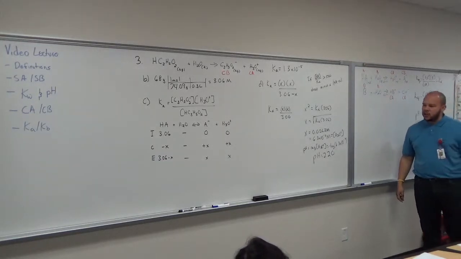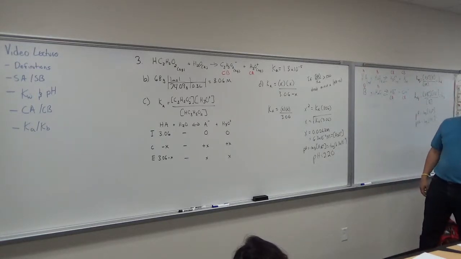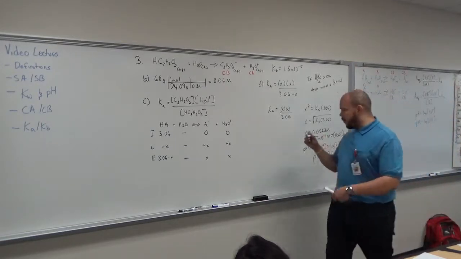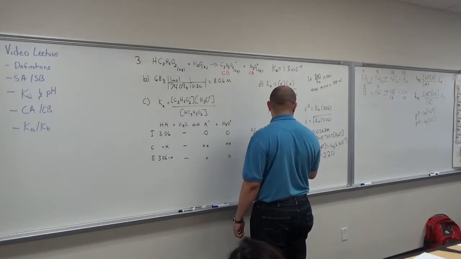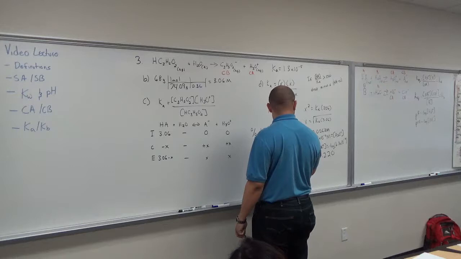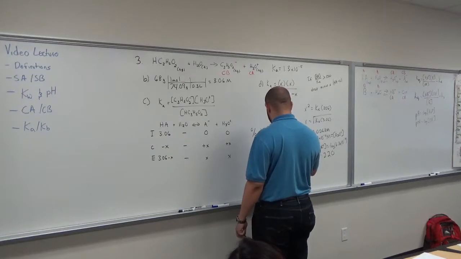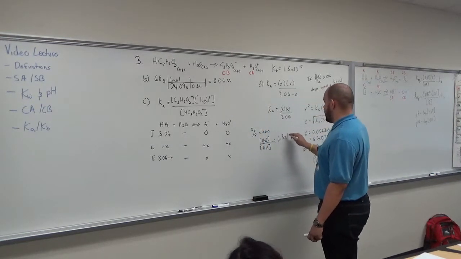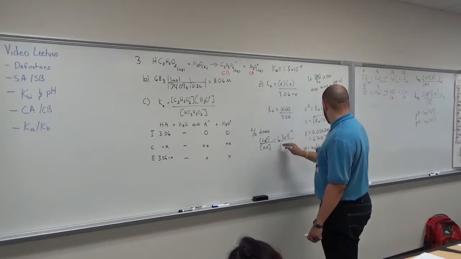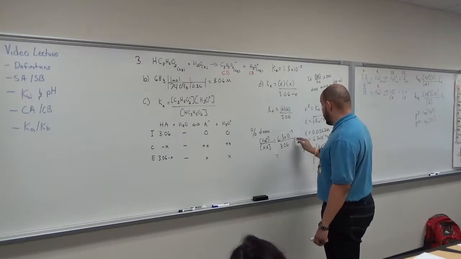We do not have complete dissociation, right? We only have partial. And then you can also look at percent dissociation. This is a little aside, but if you ever see questions that talk about percent dissociation, it is the concentration of hydronium over the concentration of the acid, which in this case is 6.3 times 10 to the negative 3, all over 3.06, and times 100, of course.